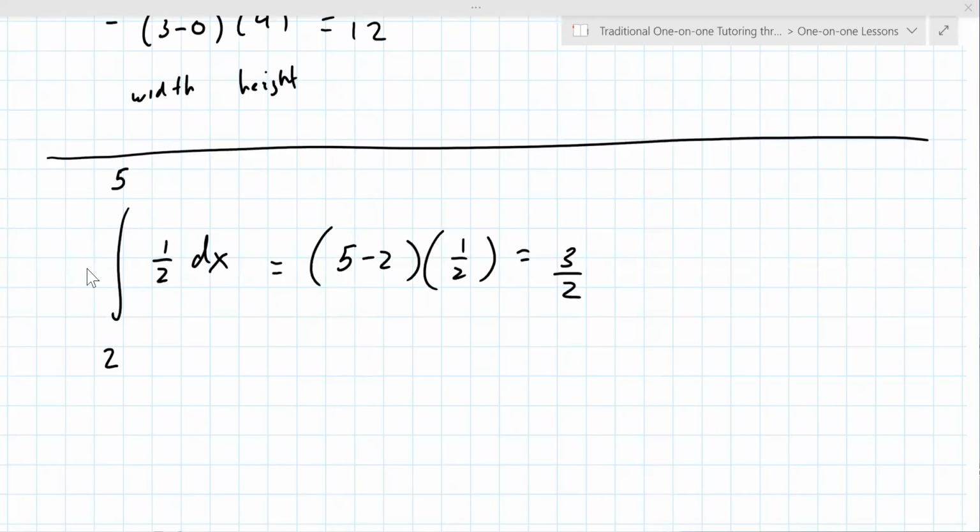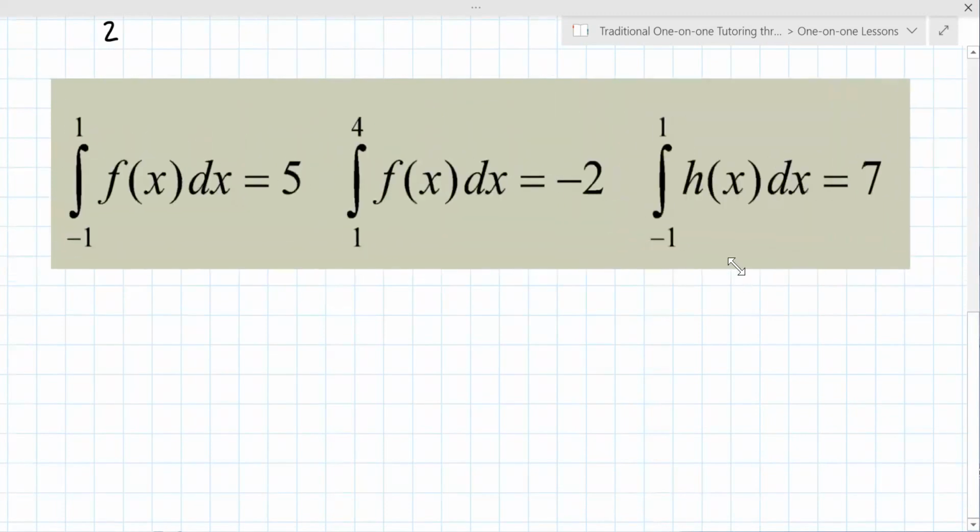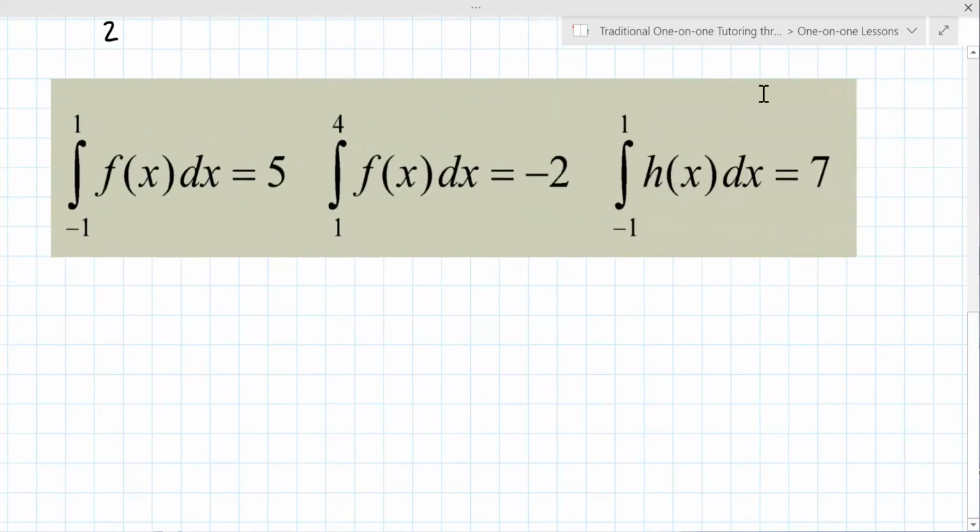All right, so let's say this is given. I'll have to copy this in each time, but what if I wanted the integral from 1 to -1 of f of x dx? Okay, and the answer to this is that first property given on that third slide.